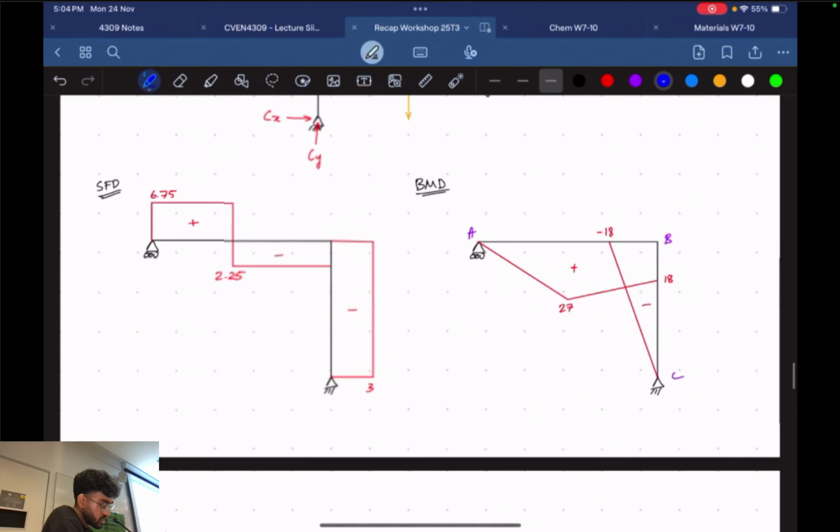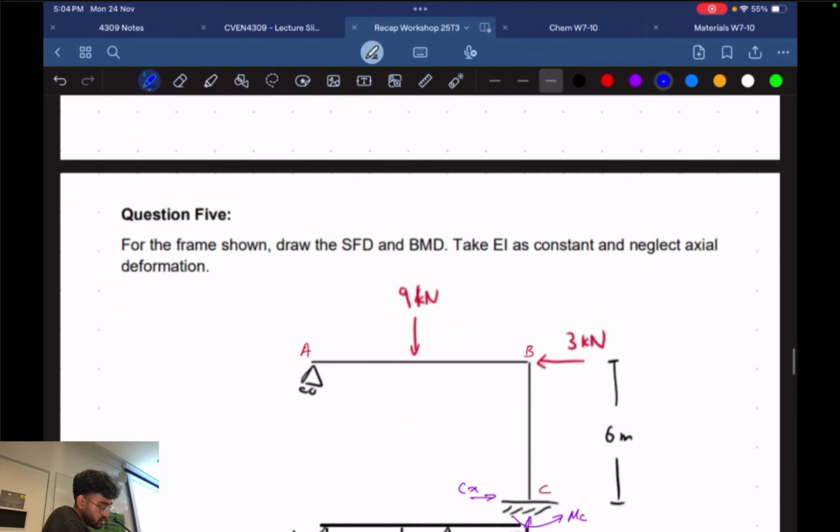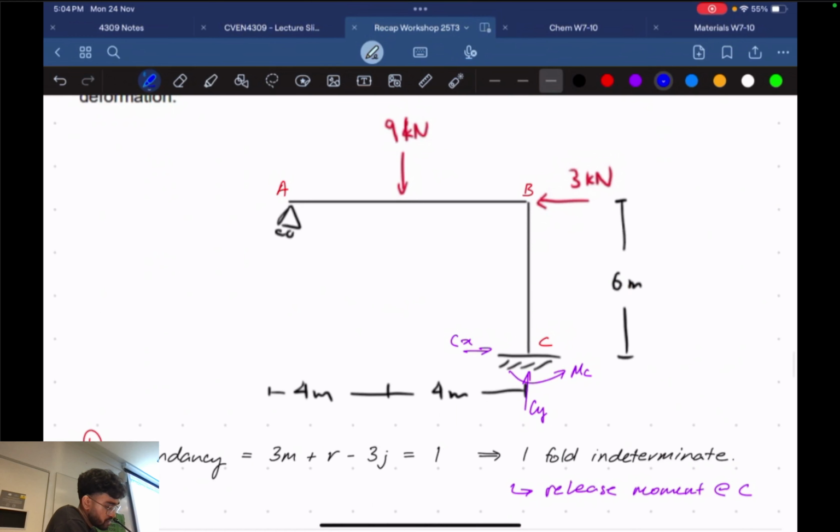But the other way I was thinking about it, so this is what the bending moment looks like. I've got a point, so the centroid is here. Then if I break this up, I've got a centroid here, and I've also got a centroid here.